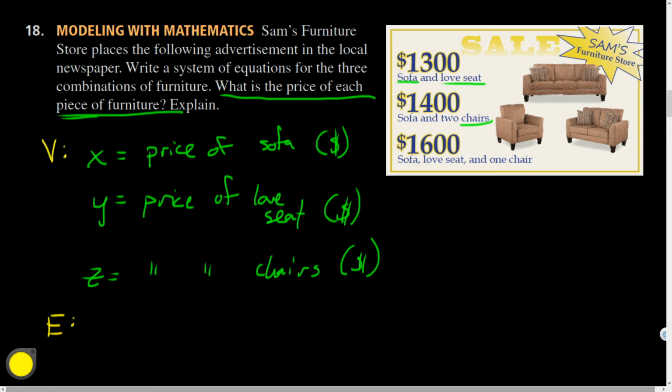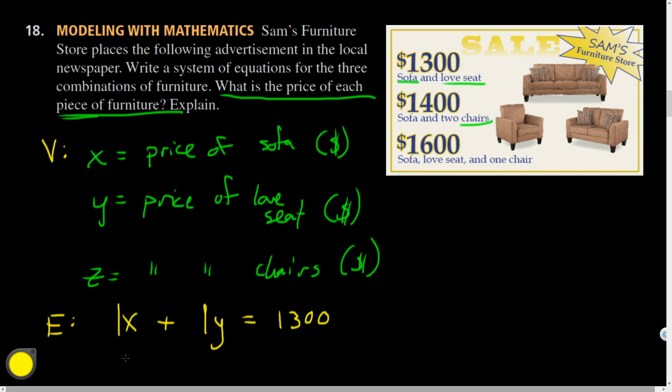Okay, and so now let's write our equations. And there's not really any facts here, but there are facts right here. So a sofa and a love seat cost $1,300. So a single sofa times the price of the sofa plus a single love seat times the price of a love seat equals $1,300.